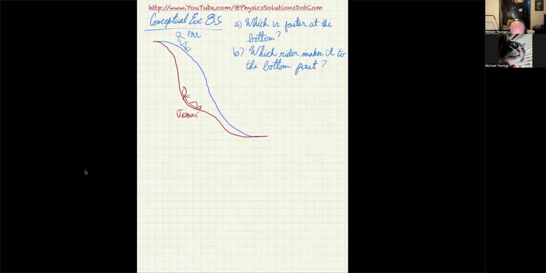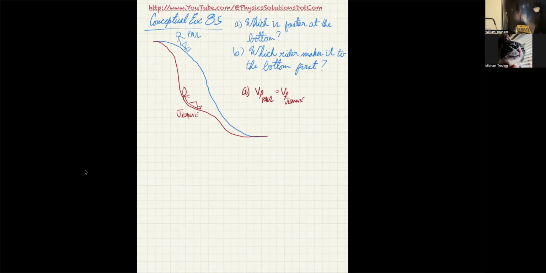Okay. For part A, since they both start at the same height and finish at the same height, v final for Paul is equal to v final for Jeannie.